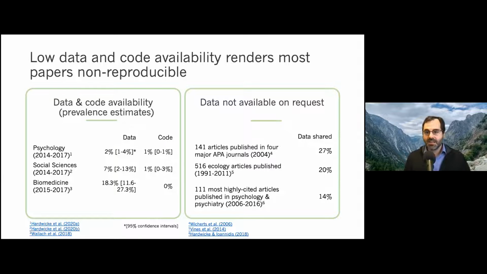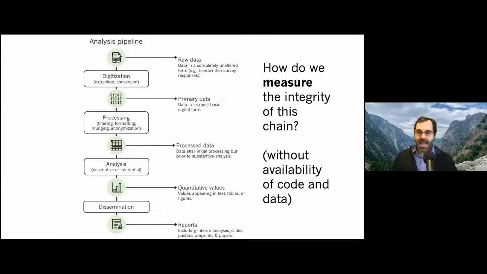Now let's move on to think about the analytic pipeline and whether it has the kind of integrity we want in the general case. And this is important, right? Because if things are fine, if we basically have high integrity pipelines, then maybe the availability of code and data for checking is slightly less important. Now, of course, it's important for other reasons.